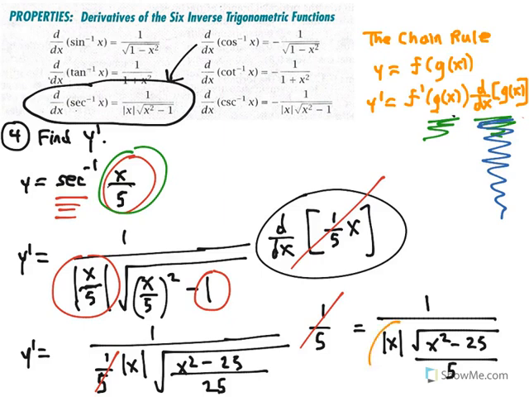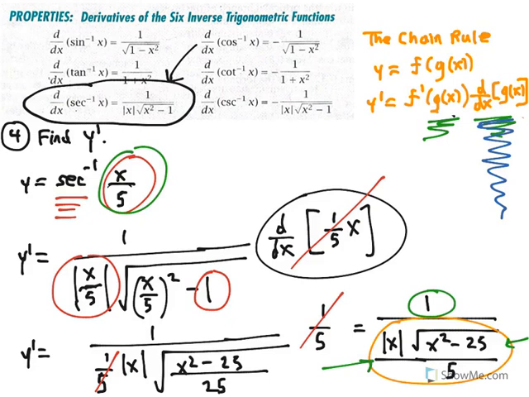So now, in the denominator here, you can just multiply the absolute value of x by the square root of x squared minus 25 over 5, and it will become the absolute value of x times the square root of x squared minus 25 over 5. And then your final answer, you're dividing 1 by what you have here that I circled in gold.